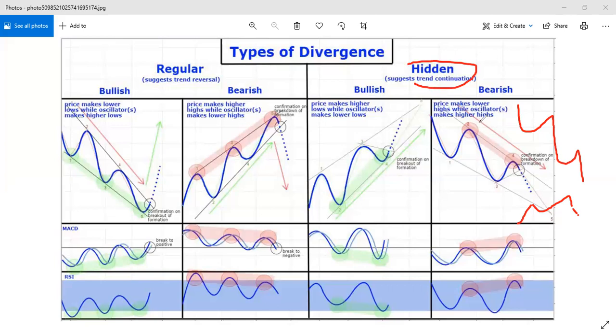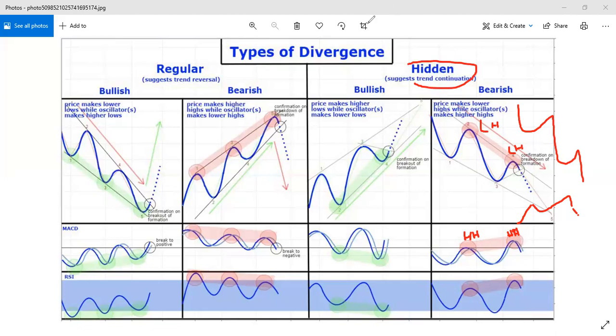Here is what we have: lower highs, while you see your oscillator giving you higher highs, which means your oscillator is trending to the upside, while the chart is trending to the downside, all right? This is all you need to determine the continuation of a bearish trend.